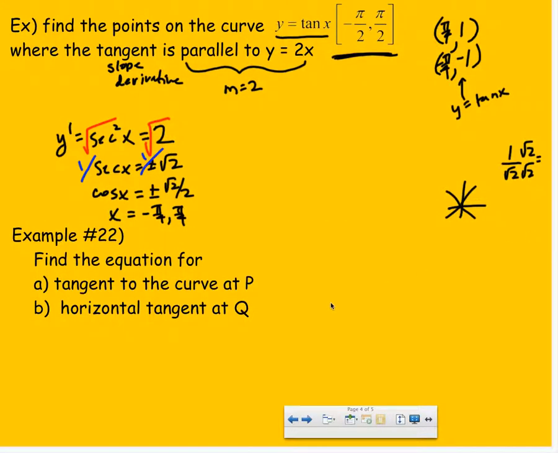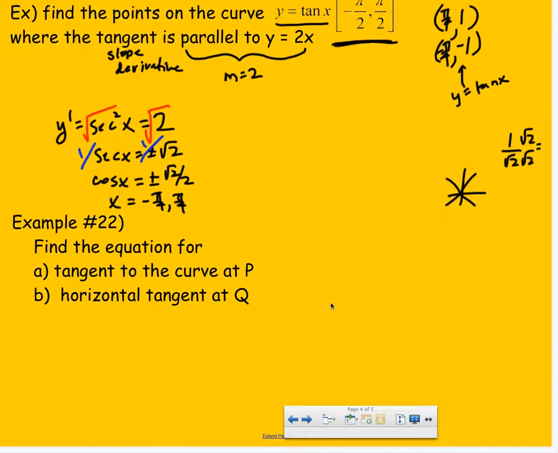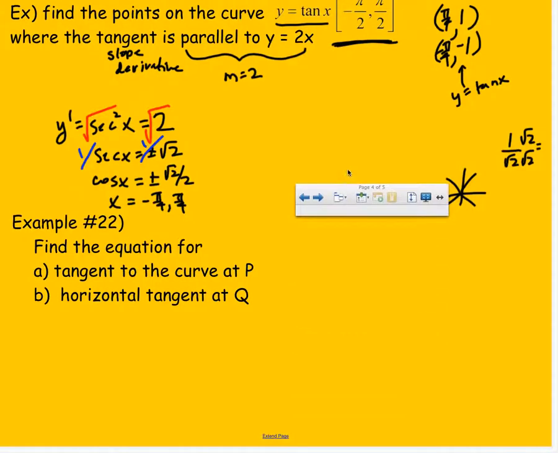All right, next problem. Get your books out and open to section 3.5, problem number 22. We are going to have a fair amount of trig review for this question.